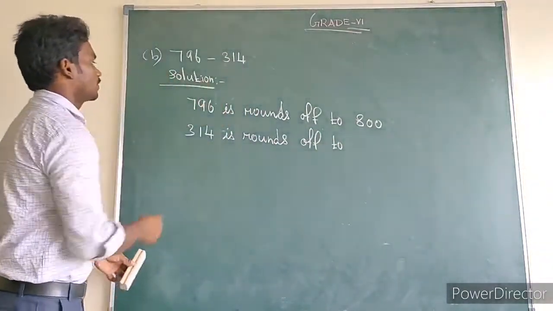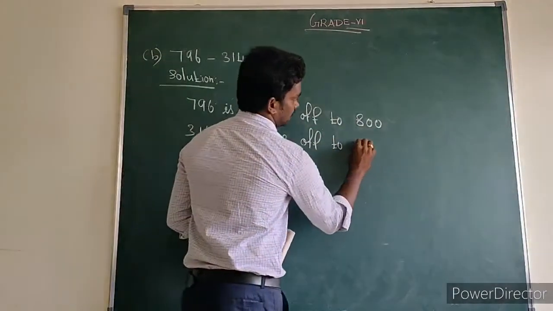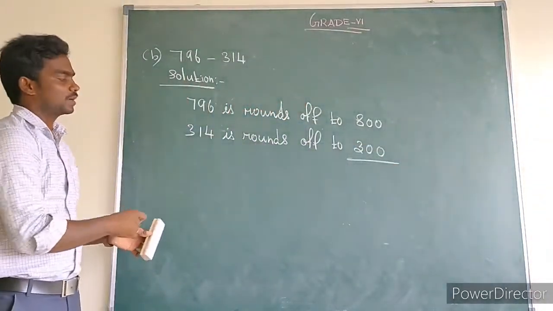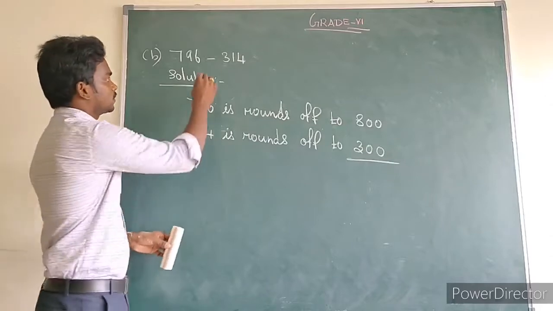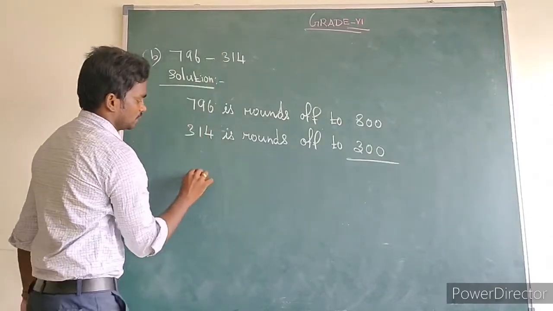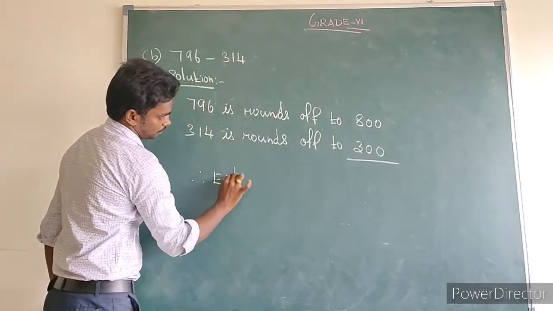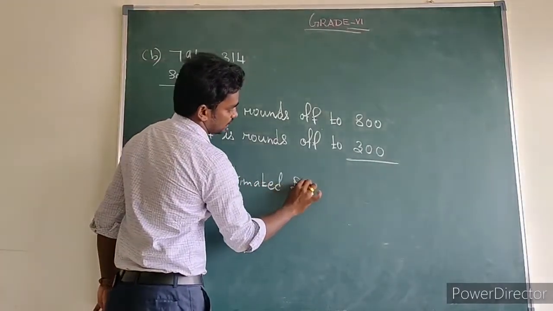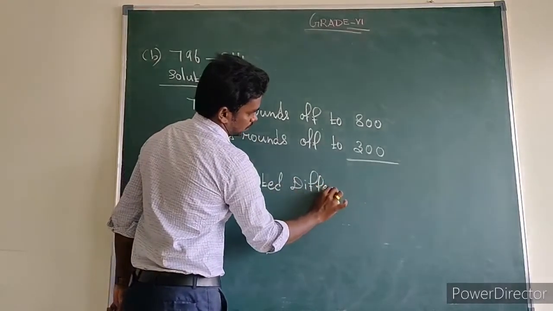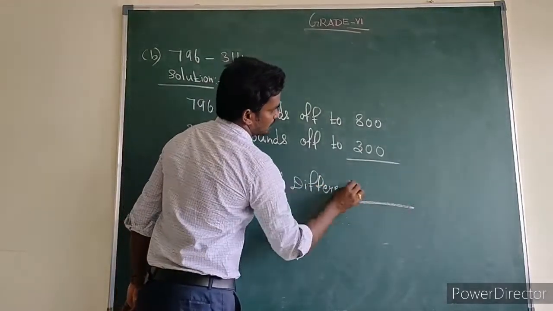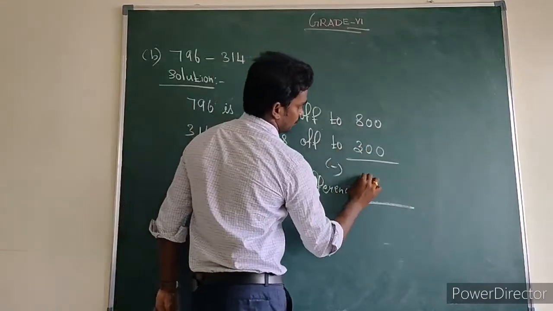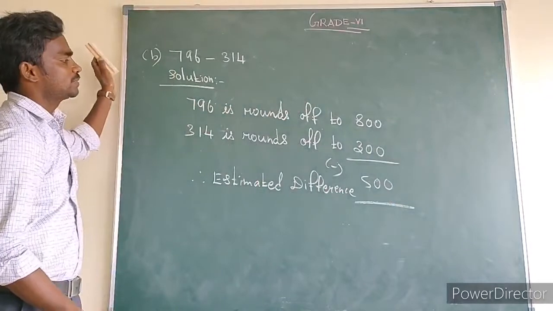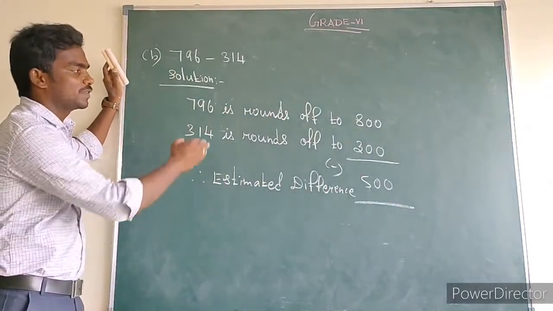Which is the closer value for 314? 314 is between 300 and 400, but it is closer to 300. Next, subtraction. Therefore, the estimated difference is 800 minus 300, 500. So estimated sum means we add, and estimated difference means we subtract the values.